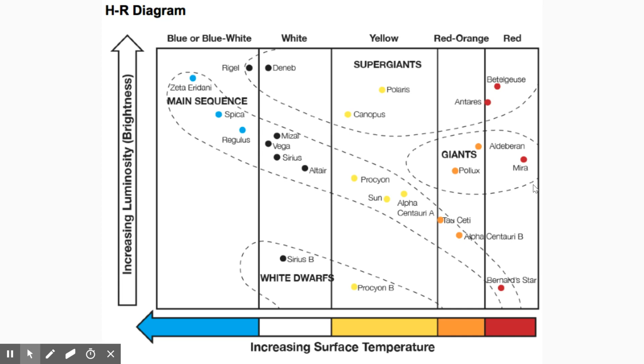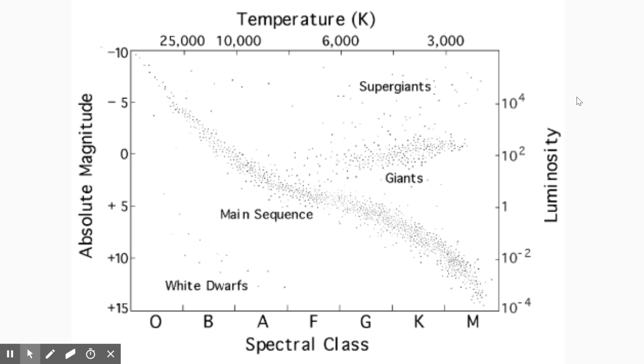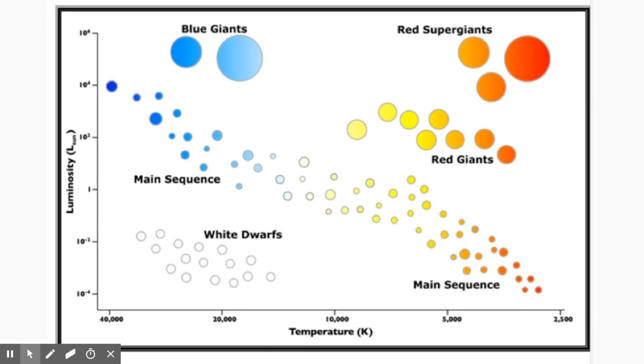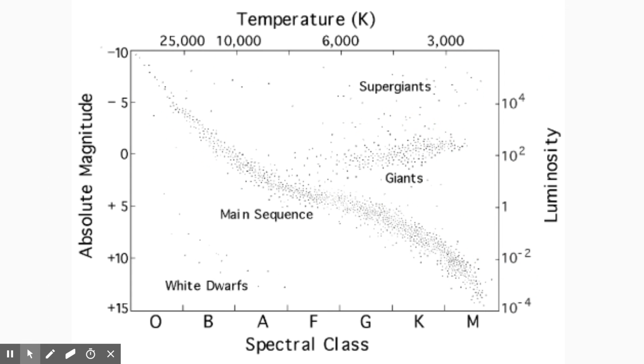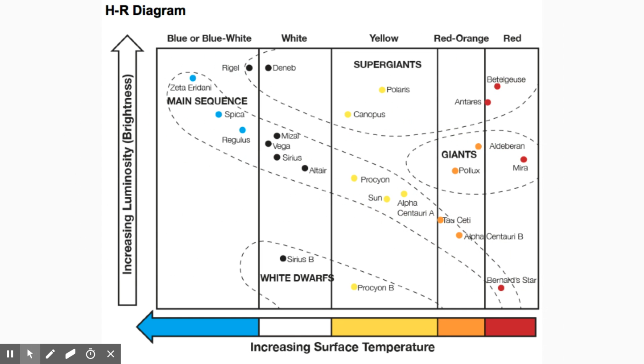This particular HR diagram does have the stars segmented into colors. However, HR diagrams are in black and white, like this one. This one you cannot tell the color. This one is in color, but the majority of them that we are going to see on our test are like this. We cannot tell the color that a star is on the HR diagram.